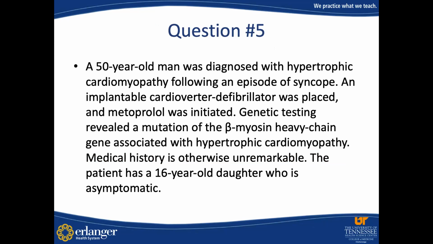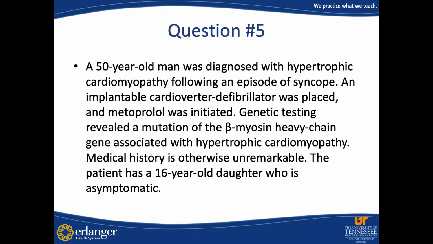All right, question 5. Mims, you're on cardiology, so you'll do this one. You got a 50-year-old male. He was diagnosed with hypertrophic cardiomyopathy. He had an episode of syncope. So they do an implantable cardioverter defibrillator, and they start him on metoprolol. He gets genetic testing, and he has a mutation in the beta-myosin heavy chain gene associated with hypertrophic cardiomyopathy.